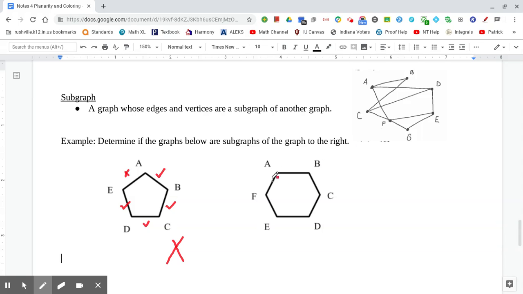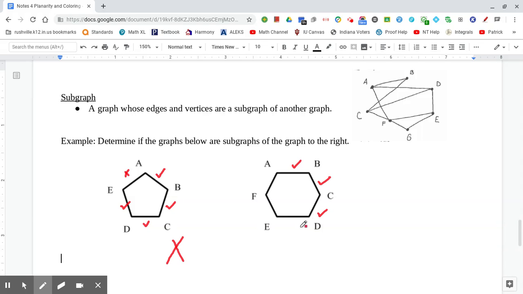All right, so now let's do the same thing for this next one. Again, don't go by looks, go by vertices and edges. So A, B, C, D, E, and F. Yes, this one also has F up here. We already know that A and B existed because of this graph over here. B and C, again, we know that one.